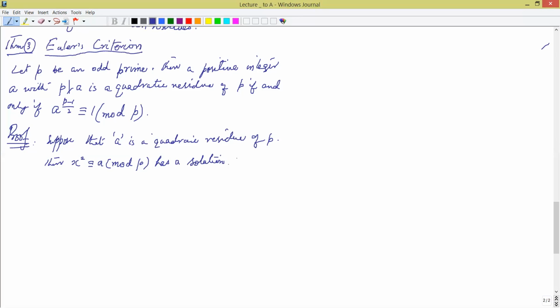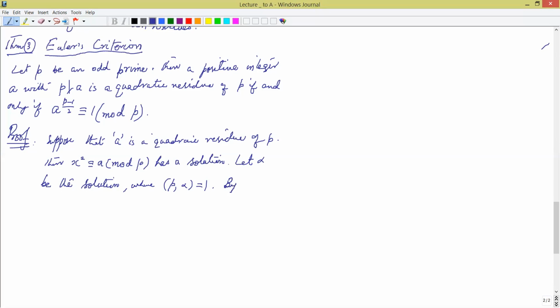So let alpha be the solution, where the GCD of p and alpha is 1.